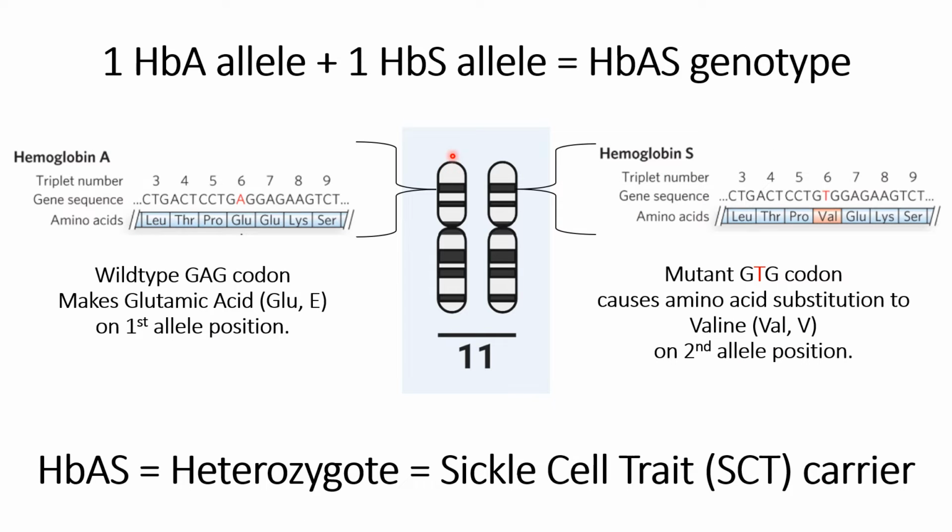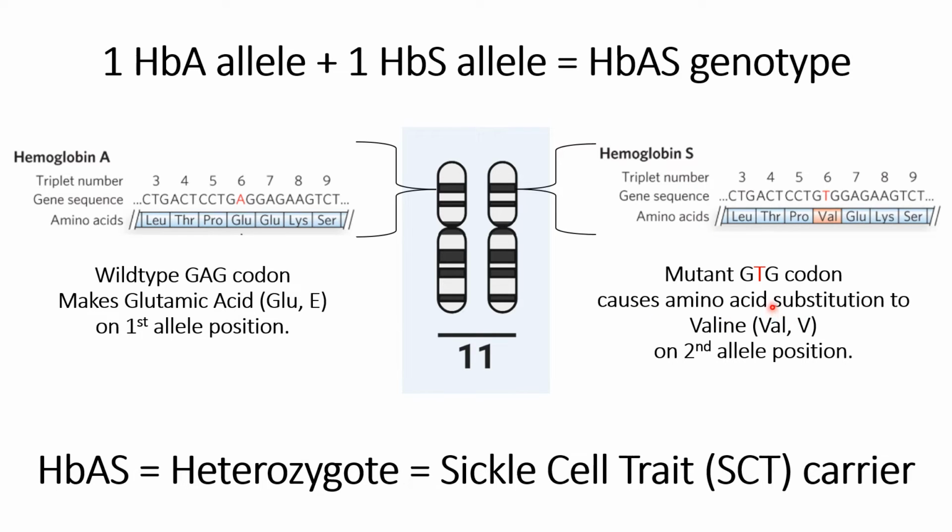Shown on the left here, we can examine the HbA allele. This would be the normal wild type, where in the 6th codon region, GAG encodes for glutamic acid, which is what most people have. However, here on the right side, we can see the HbS allele, where we're having that mutation from GTG to a valine and having that amino acid substitution.